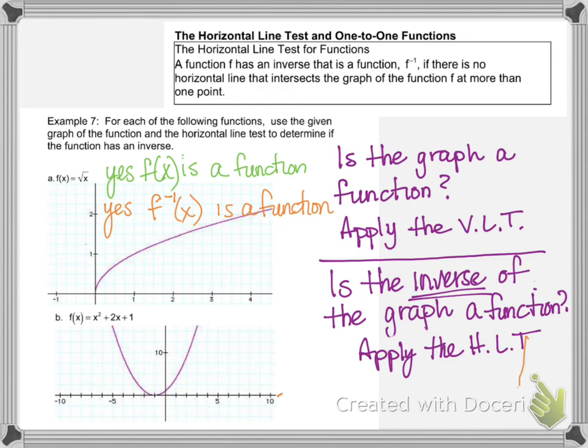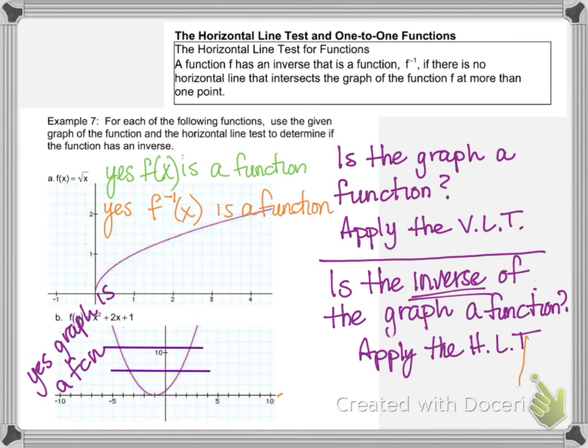Okay. Likewise, if we look at the bottom function, we try the vertical line test. Every single time it touched once, so we are going to say here, yes, the graph is a function. But if we look at it now with the horizontal lines, notice that your purple lines are intersecting the graph more than once.